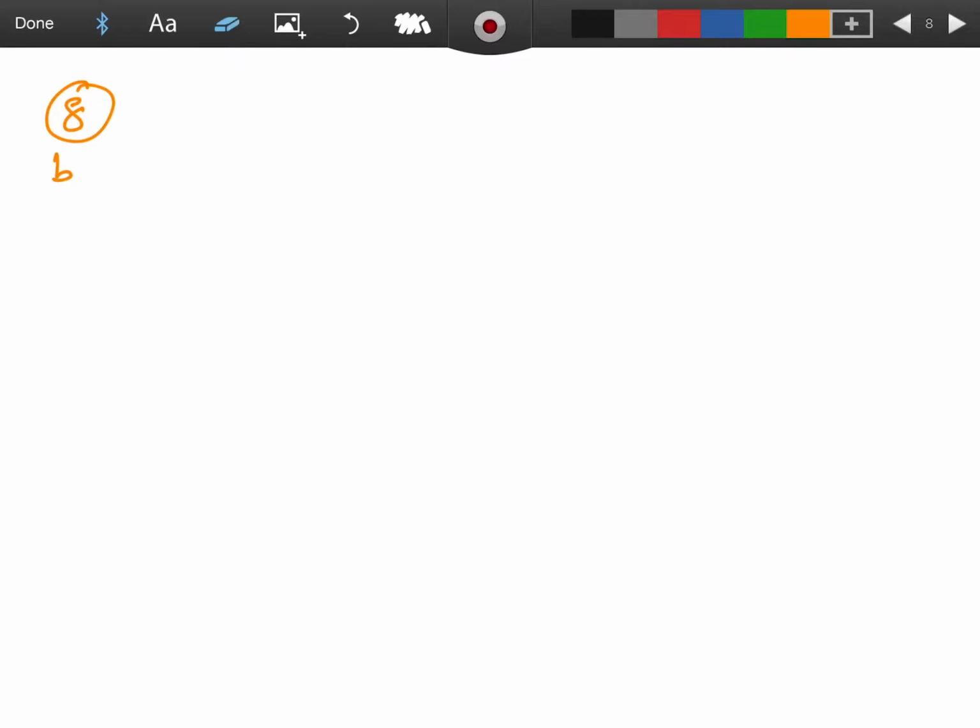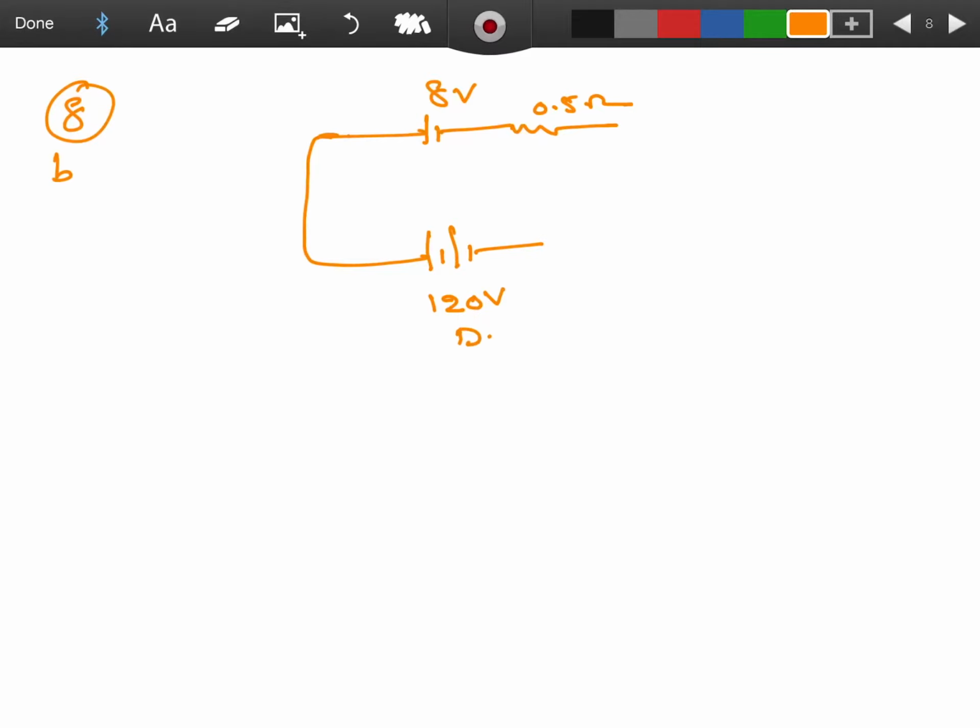Next, see, a storage battery of EMF 8 volt and internal resistance 0.5 ohm is being charged by a 120 volt DC supply having internal resistance 15.5 ohm. They didn't mention the diagram, but you need to picturize this one. What is the terminal voltage of the battery during the charging?